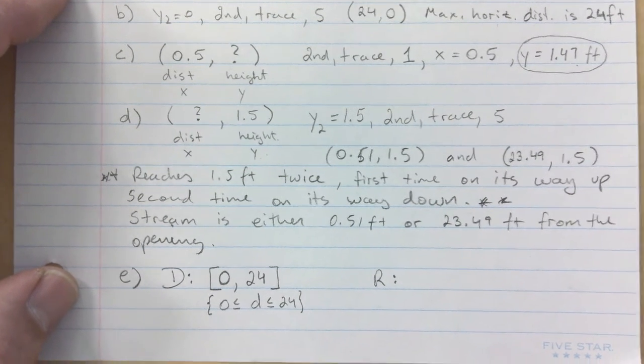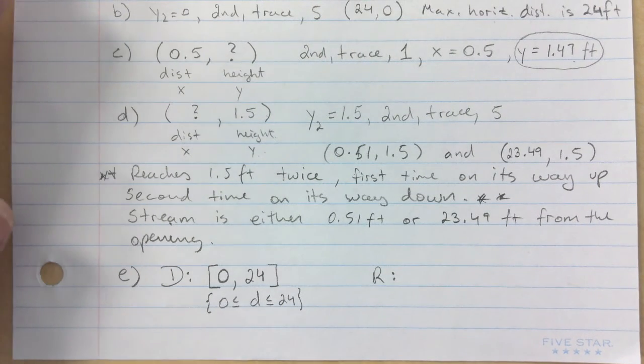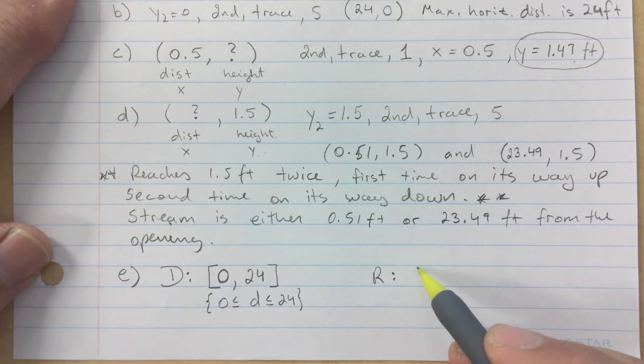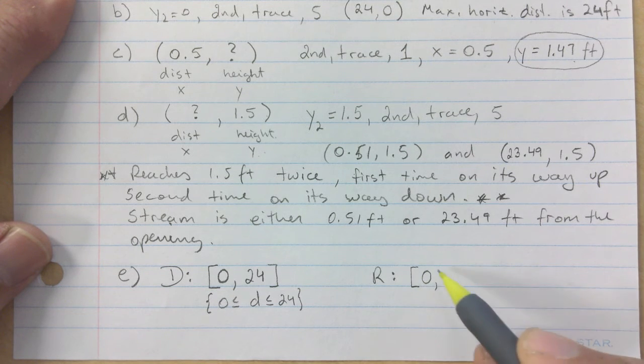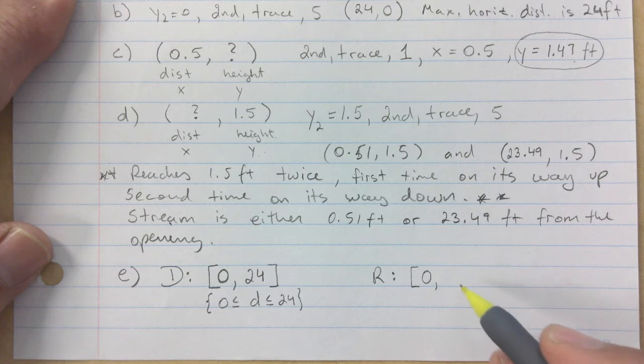And for my range, you are touching the ground at some point, so you go from 0 to the highest point, which is found in A. What did we find in A? It was 18 feet.